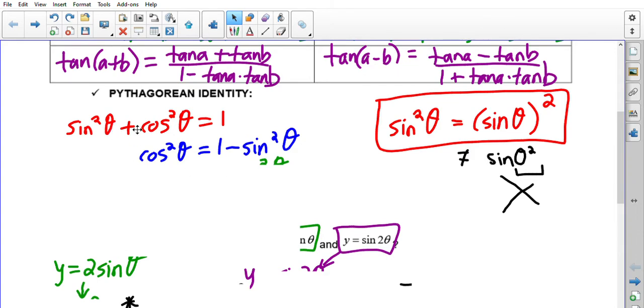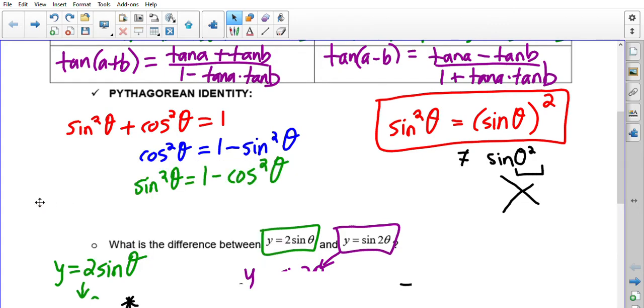Our next one is where we leave the sine squared theta on one side and bring the cos squared theta over. That gives us sine squared theta equals 1 minus cos squared theta. We have to be able to recognize all three of these. They all mean the same thing.